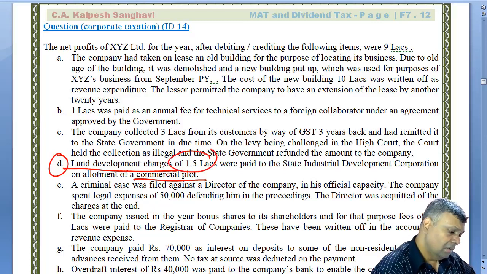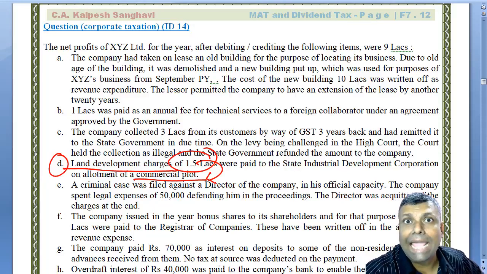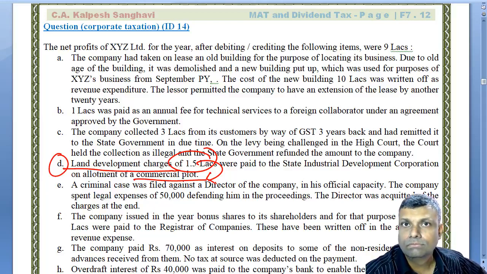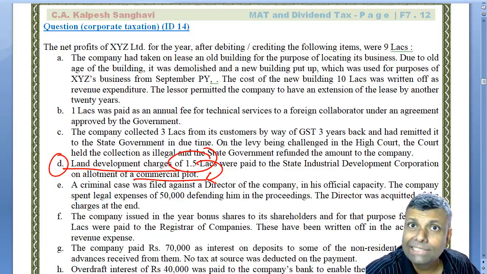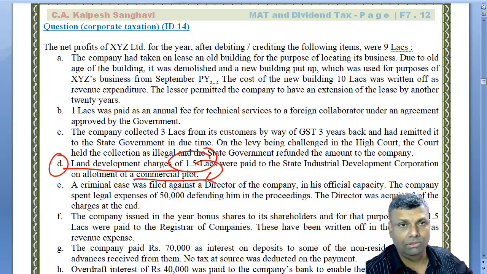Can I say that these 1.5 lakhs are directly linked with the improvement of the character of the plot of land? This particular plot of land has been allotted to you, and for the allotment you have been paying 1.5 lakh rupees lump sum to the State Industrial Development Corporation. So can I say that this particular money of 1.5 lakhs is a capital expenditure?